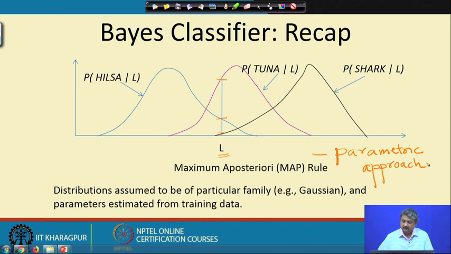So, there is an alternate approach, known as the non parametric approach. We will soon see that we need not make any such assumptions. We need not estimate parameters under any assumption, and we use nothing but the data to come up with the classification.